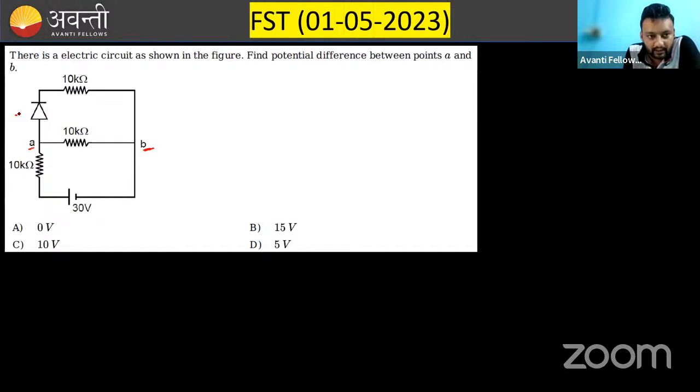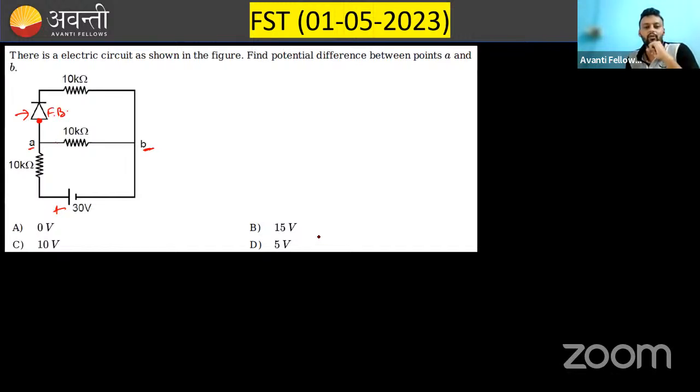One thing is that there is a diode, and you can see that this diode is connected with the positive terminal. The P region is connected with the positive side of the battery. So this diode is forward biased, so it will behave as a closed switch.